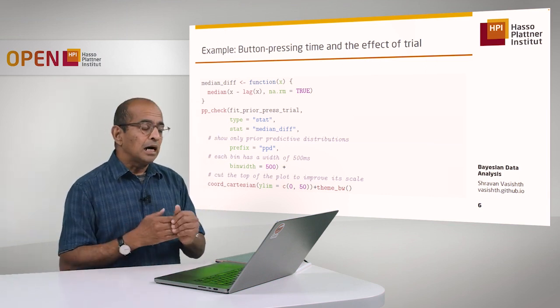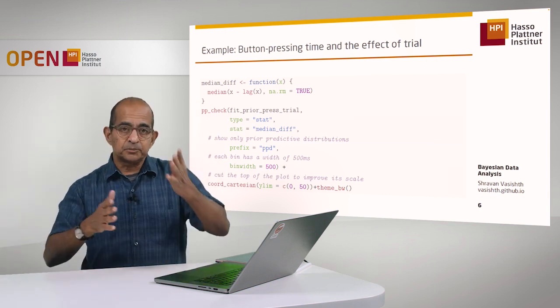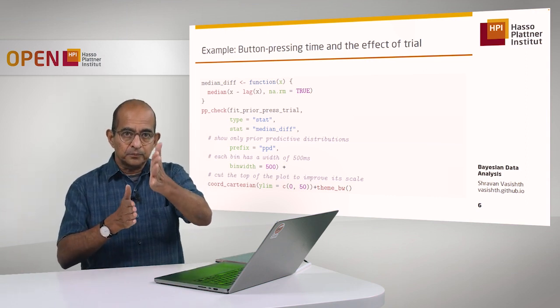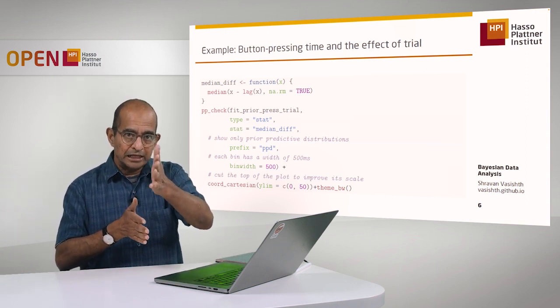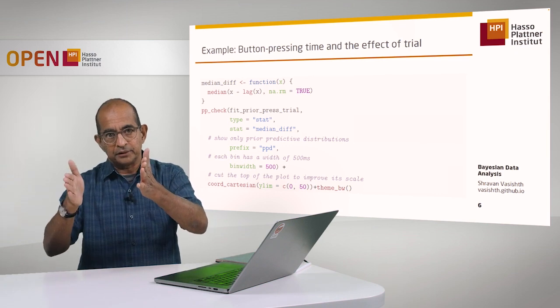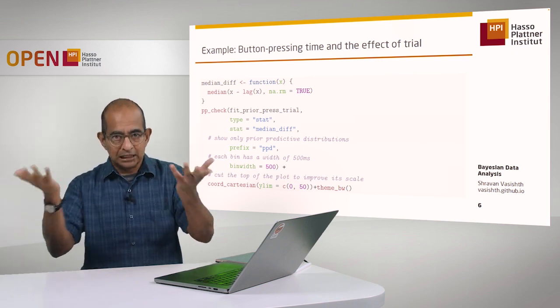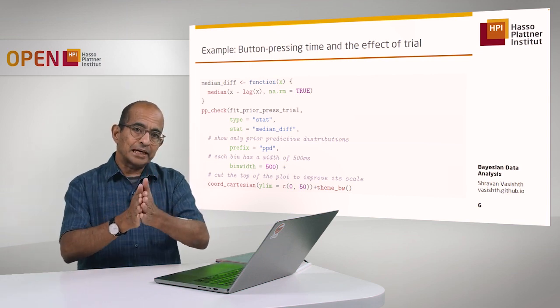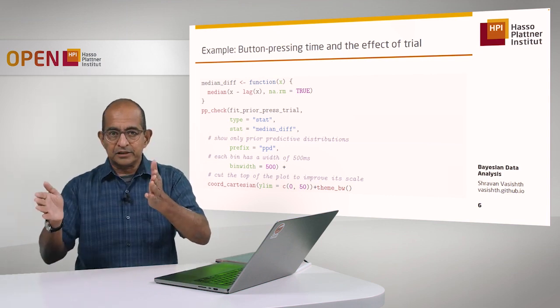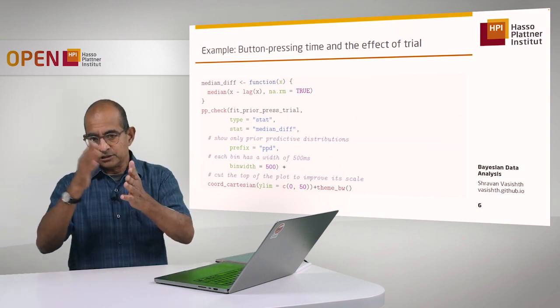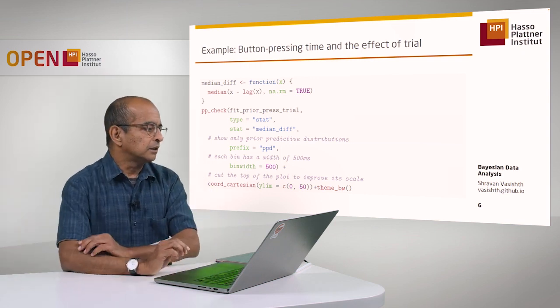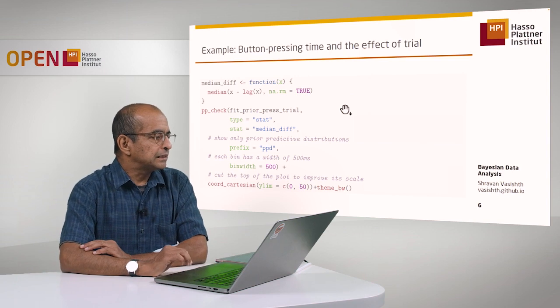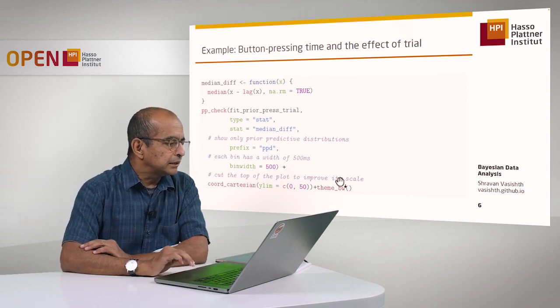For example, I could look at the median difference between the center point of the trial, so the value 0 and 0 plus 1. Right, so that's what the slope tells me anyway, right? So what I'm going to do is look at the median difference between the 0th and the 0 plus 1th trial on the millisecond scale, and so I can do that here.